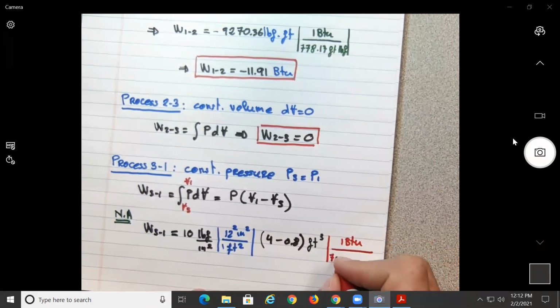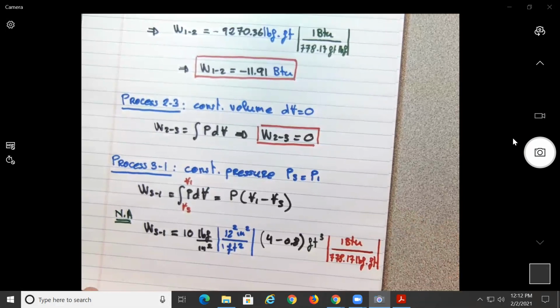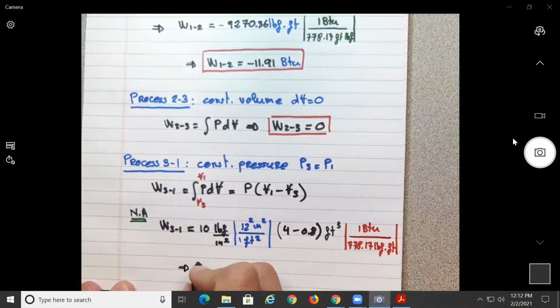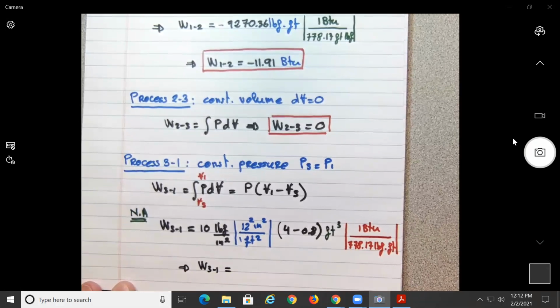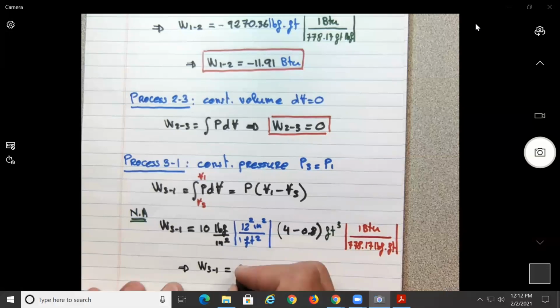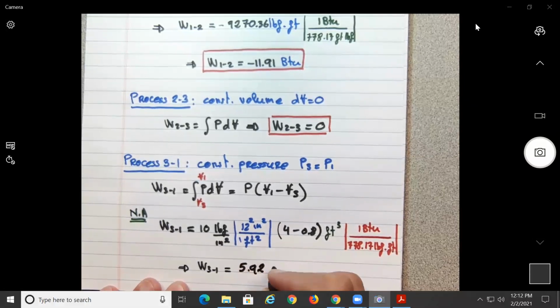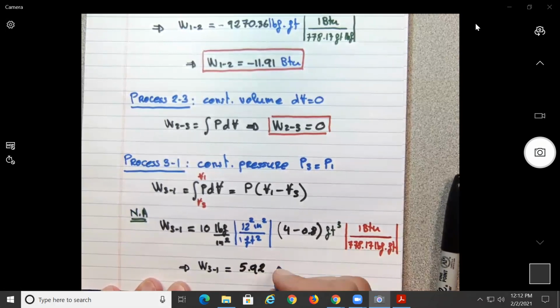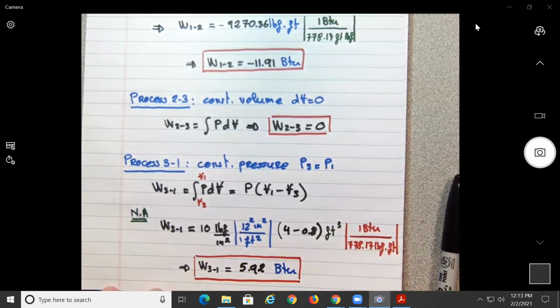So this is 778.17 lbf per foot. So go ahead and do the calculation. Okay, so this gives you 5.92 BTUs.